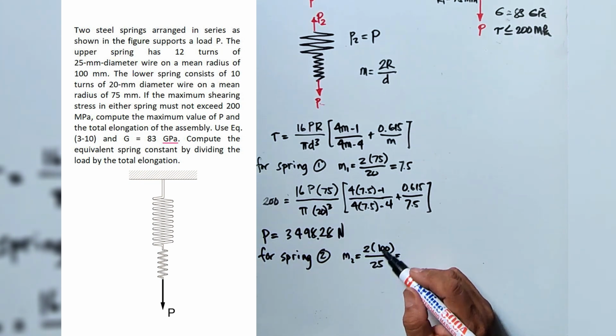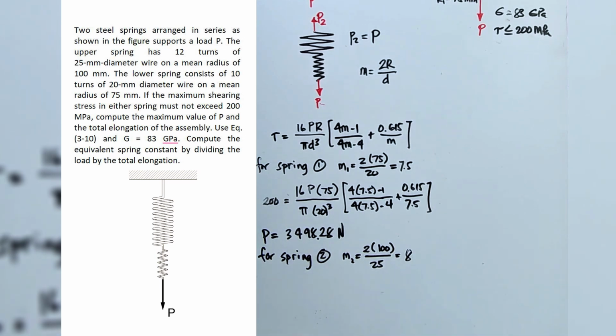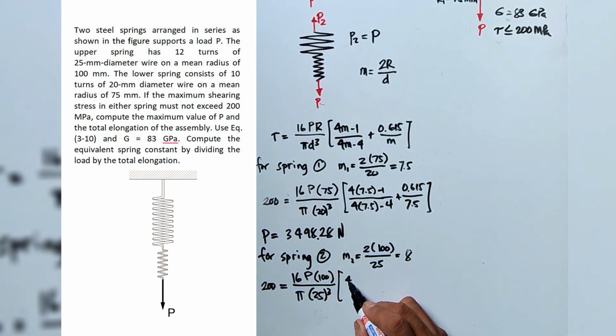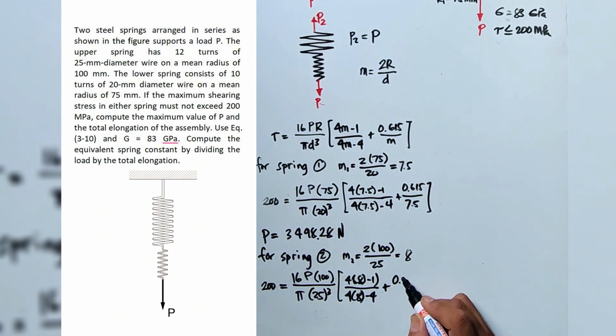Then for spring 2, our M2 is 2 times R2, 100, divided by the diameter of 25, equals 8. So again, using the maximum allowable shearing stress, 16 times P2, and P2 is equal to P, times the mean radius of 100, divided by pi times the diameter of 25 cube times 4 times 8 minus 1 divided by 4 times 8 minus 4 plus 0.615 divided by 8.